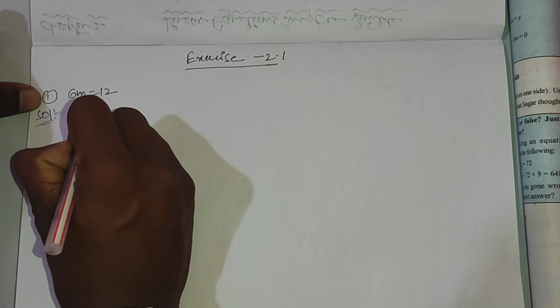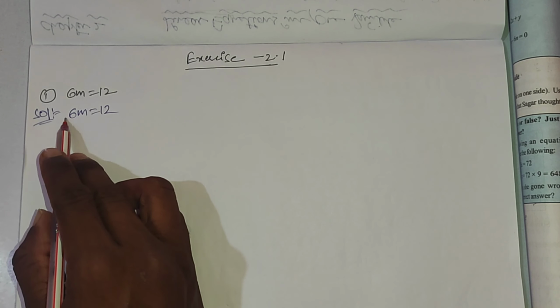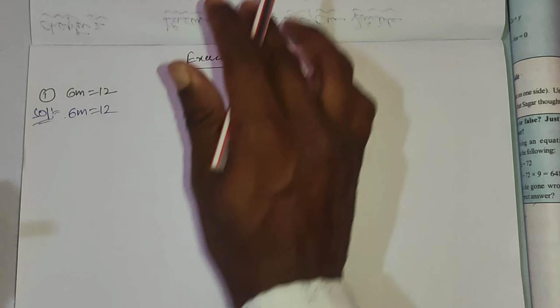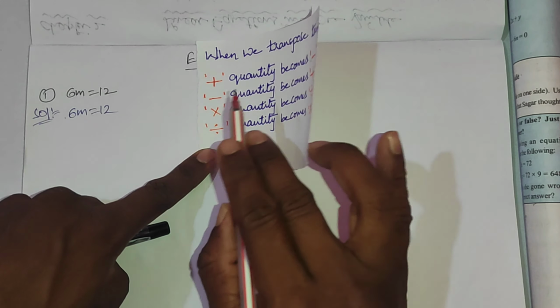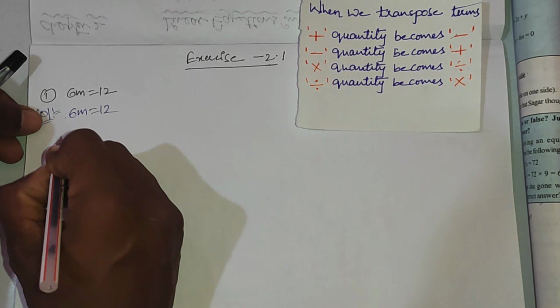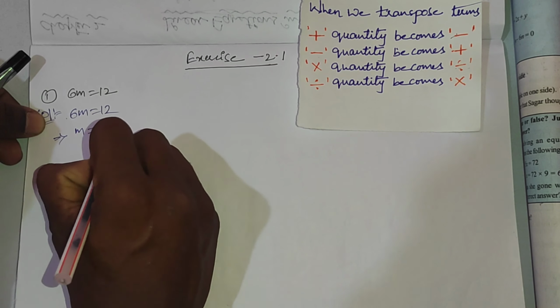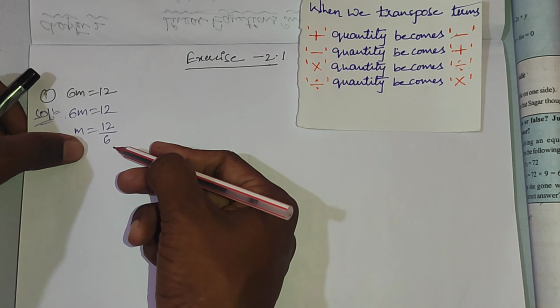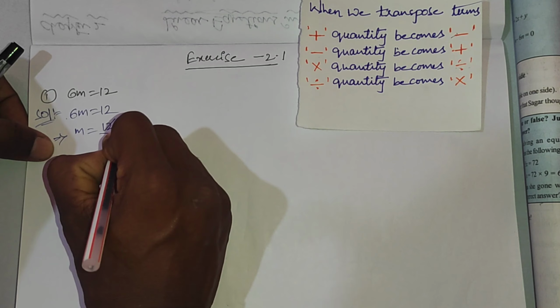Given 6m = 12. So 6m here indicates 6 into m, nothing but multiplication. And if you transpose multiplication from LHS to RHS, multiplication becomes what? Division. This implies m = 12 divided by 6, nothing but 12 by 6. And cancellation is possible, right? 6 ones are 6 and 6 twos are 12.